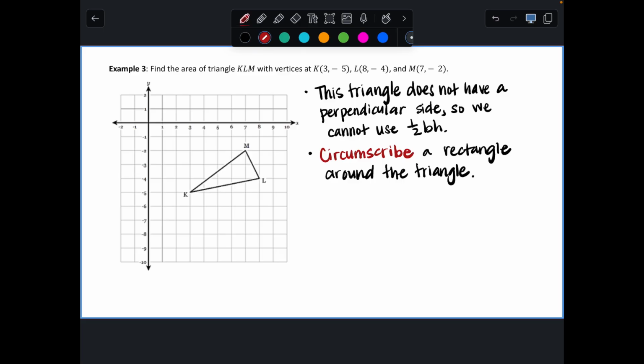So when I draw this rectangle around my triangle, I'm creating 90-degree angles. So now we have 3 outer triangles with 90-degree angles.